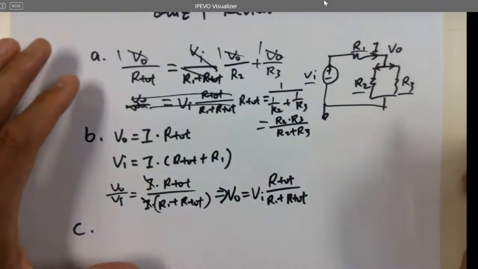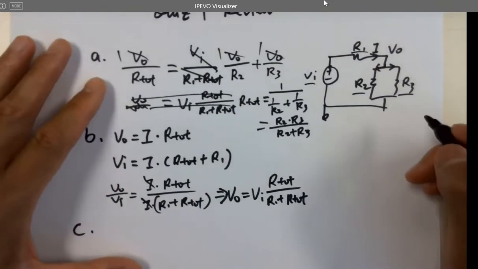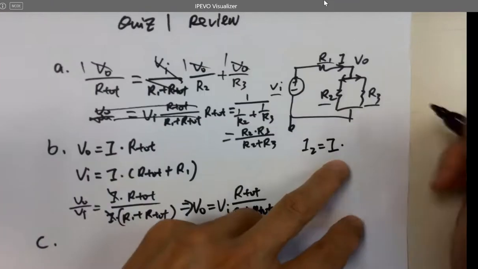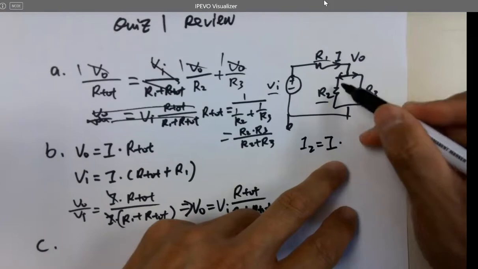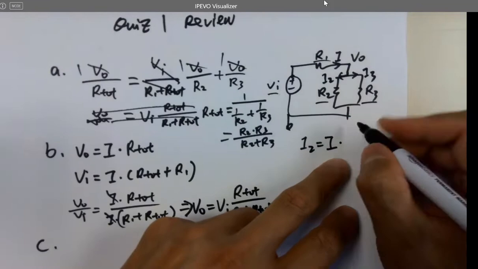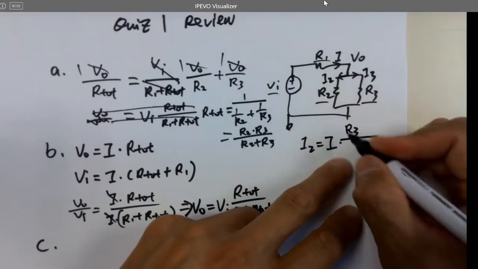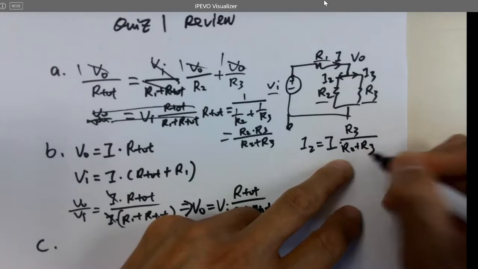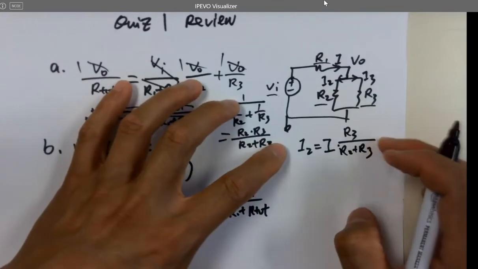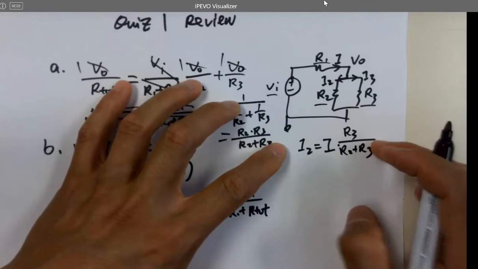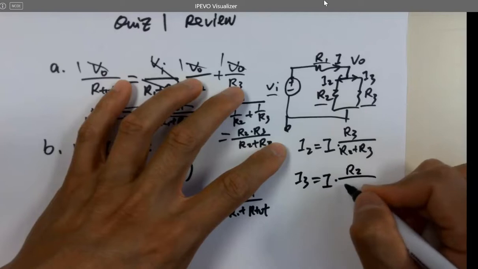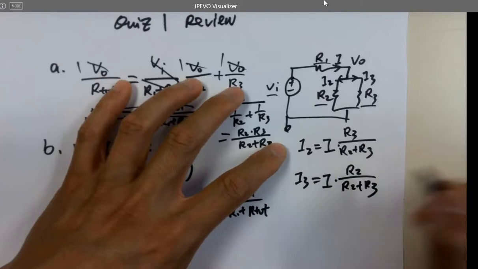So you know that I2 equals I times, that's a conclusion for current divider, right? So I2 is the I here. I2 equals I times R3 over R2 plus R3. The conclusion can be found in the notes from lecture 1. I3 is I times R2 over R2 plus R3.